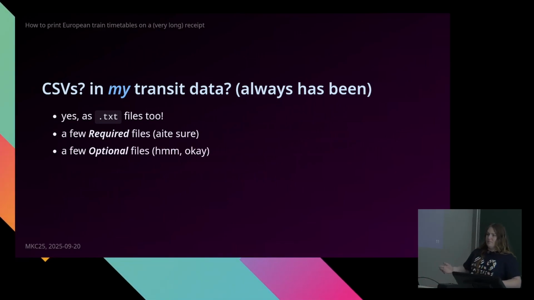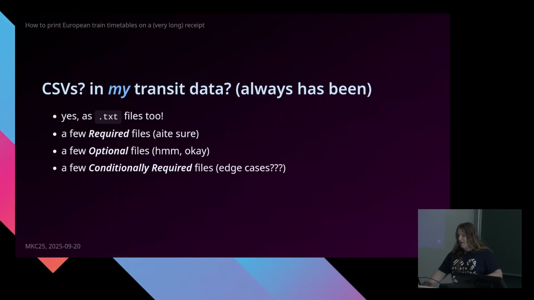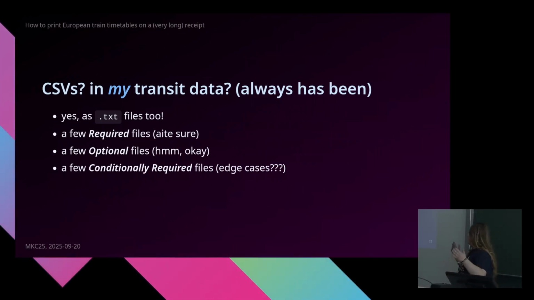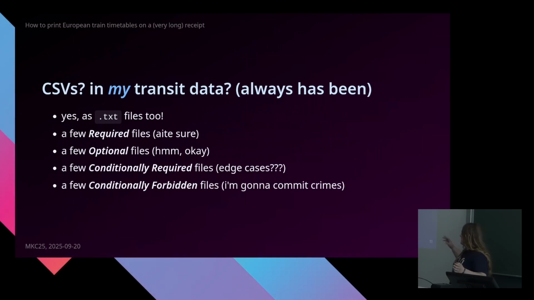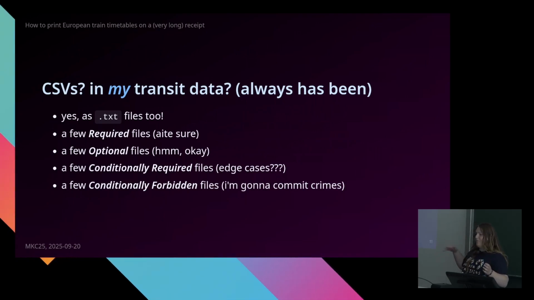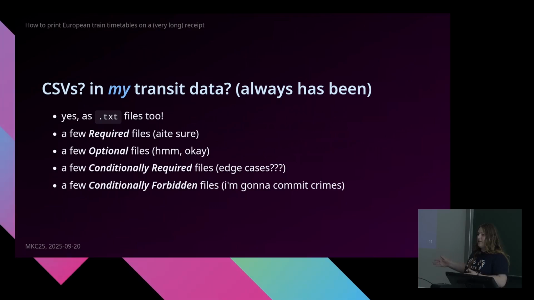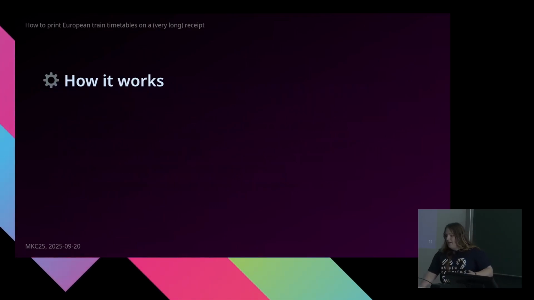A few of them are optional. We need details. Conditionally required files, because why not? And also conditionally forbidden files. Those are for the mostly edge cases. We won't be looking at them because they are not really relevant for looking at trains and knowing where they go at a given point.